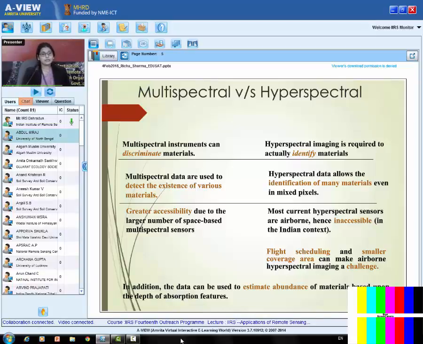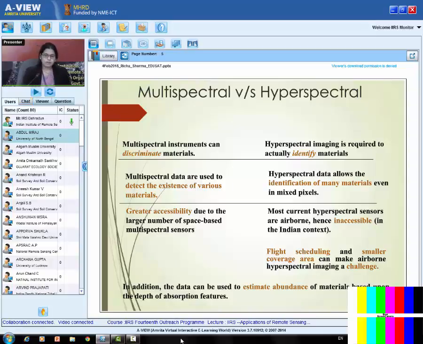But the other thing is that for multispectral the accessibility is greater, whereas most of the hyperspectral sensors are airborne, so the availability or accessibility of the data is a very big question with respect to the Indian scenario, because we don't have any typical Indian sensor.